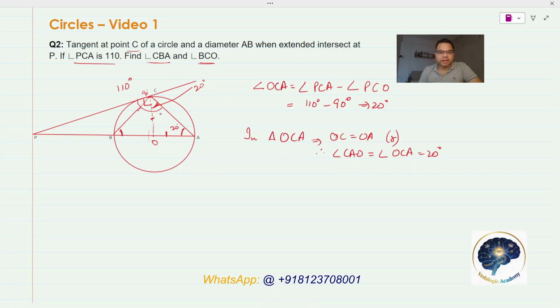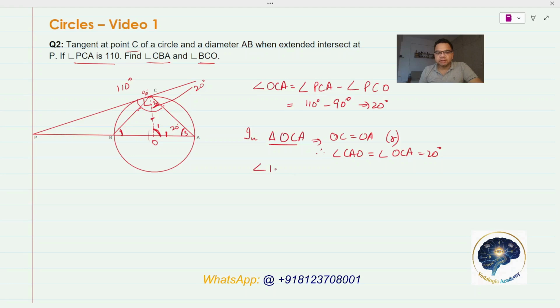Now, I know this angle, I know this angle. Again, I'm going to find out this angle. So what is this angle? The sum of all the angles is 180 in this triangle, right? In triangle OCA, let me write it down. This is 1, this is 2, and this is 3.